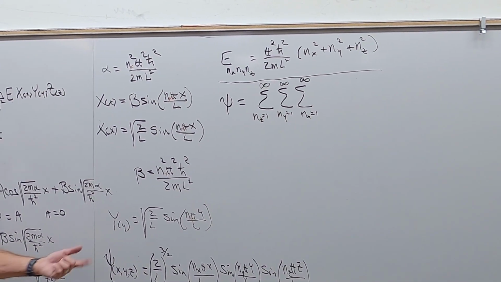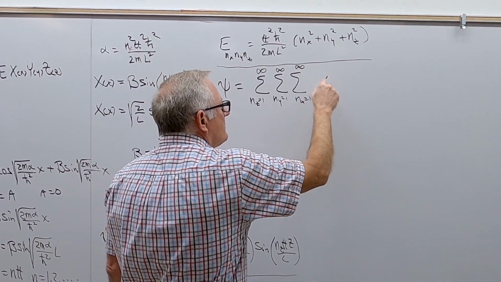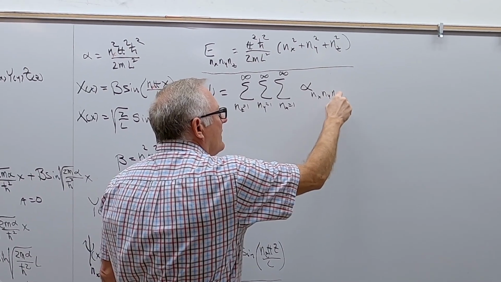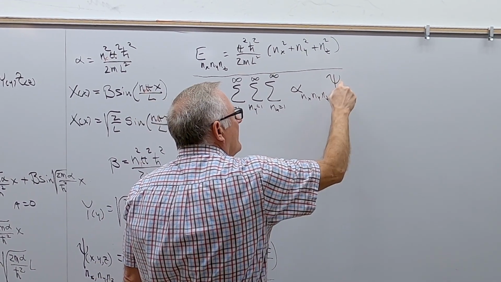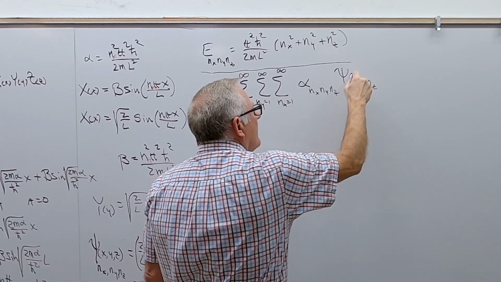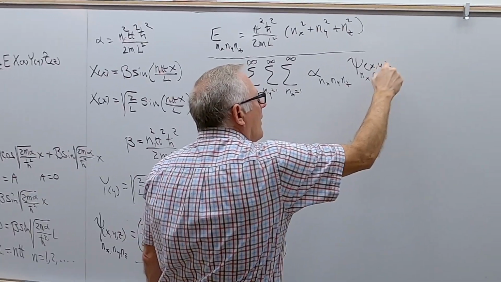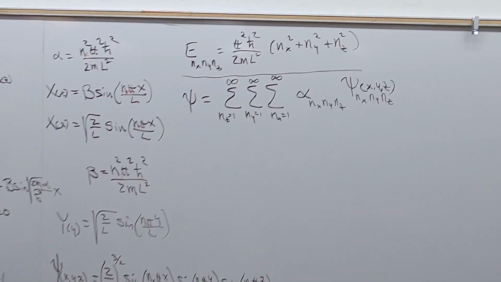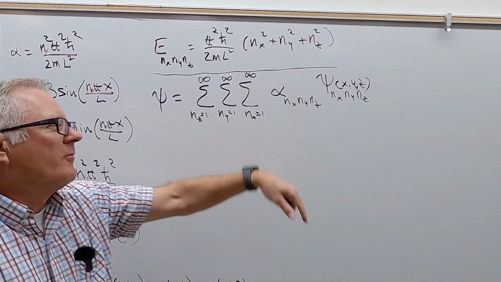And you'd have your coefficient, alpha nx, ny, nz, times psi nx, ny, nz. That would be your whole sum of terms right there.